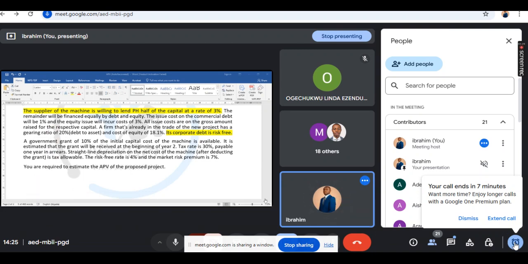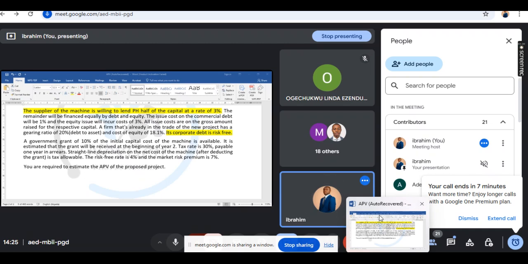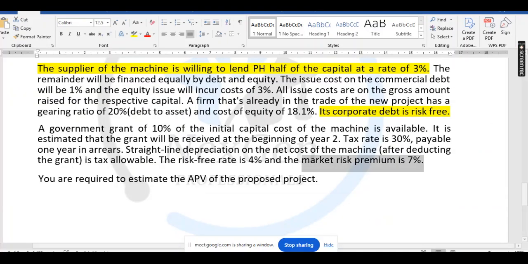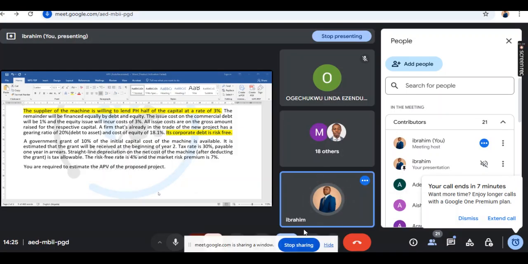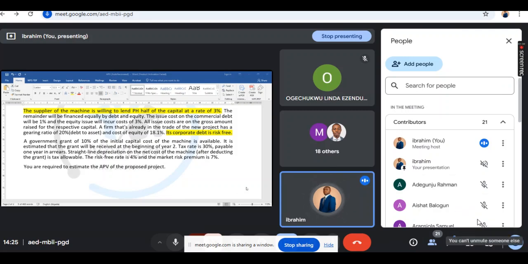Okay, now, what is the first step? We need to calculate the base case NPV. That is the first step. The base case NPV is your normal NPV for the company, and what you will use to discount it is the cost of equity of the ungeared company.